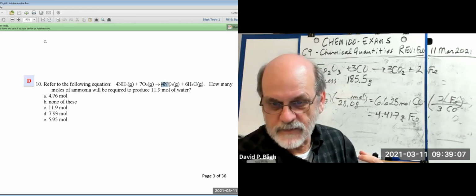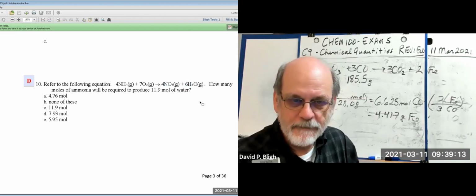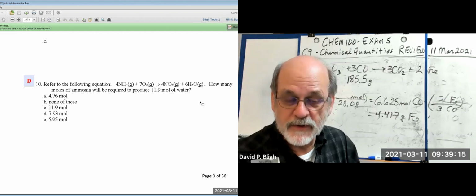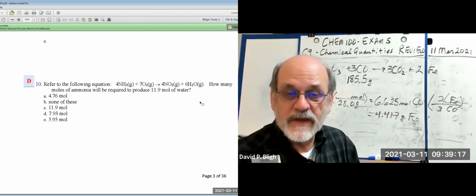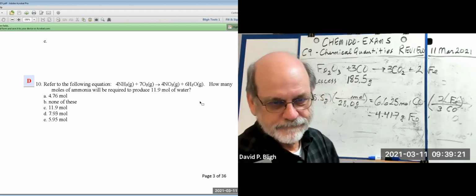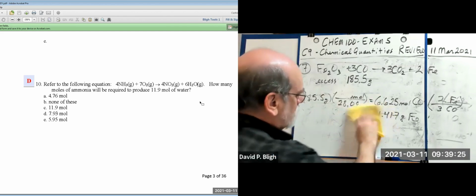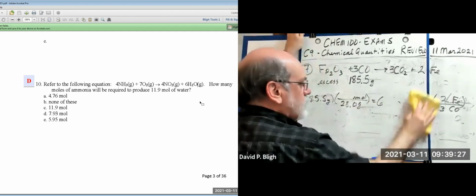There's 8 of them here, and 6 of them here makes 14. So it is balanced. We've confirmed it. How many moles of ammonia will be required to produce 11.9 moles of water? Okay, this one's really not that difficult. I need to start with a clean board.